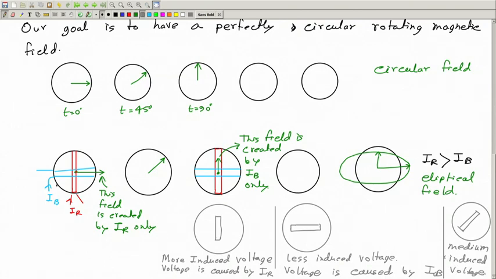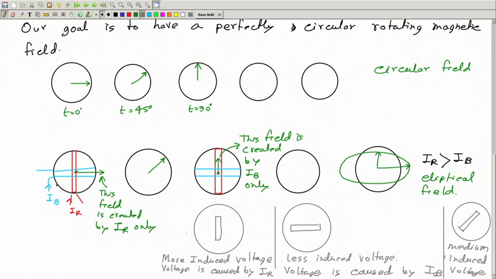So what happens? If we look at the voltage for different positions of this coil, if the field is not circular, then we will have different values. So let me just summarize this fact. What we want is a circularly moving field, and a circularly moving field is possible only for equal magnitude of IR and IB.